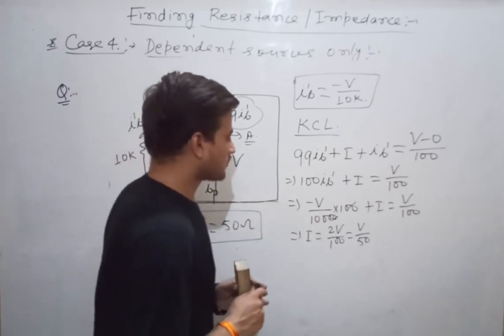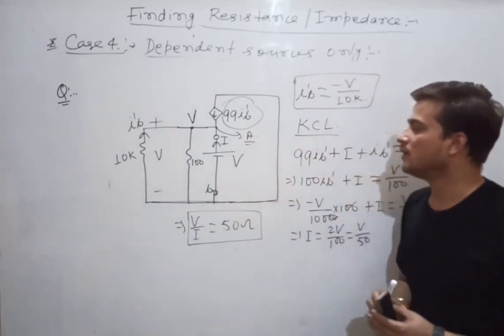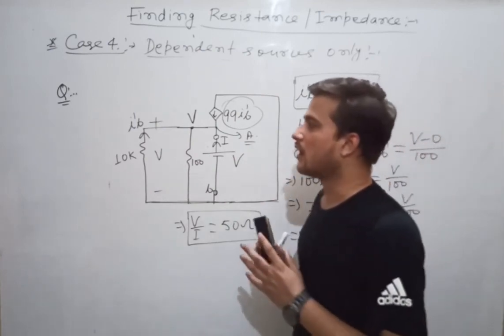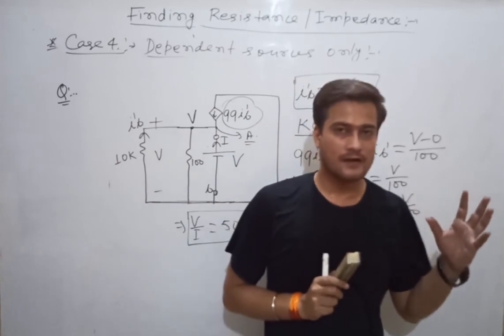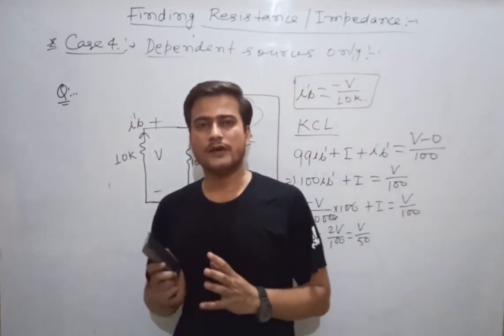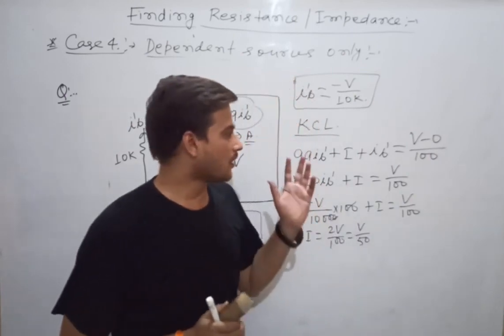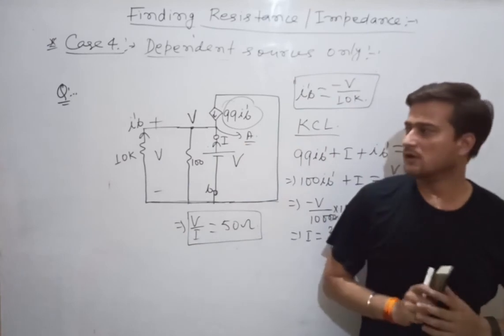This question was very important, and you see how beautifully it was solved. So this is all about how to find the equivalent resistance or equivalent impedance of any type of network. Once you cover this part, you need to practice more problems based on this topic.